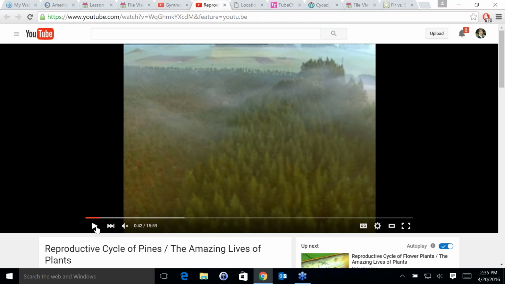Also, I read that these large conifer forests, especially in the northern hemisphere, are one of the largest carbon sinks in the world.